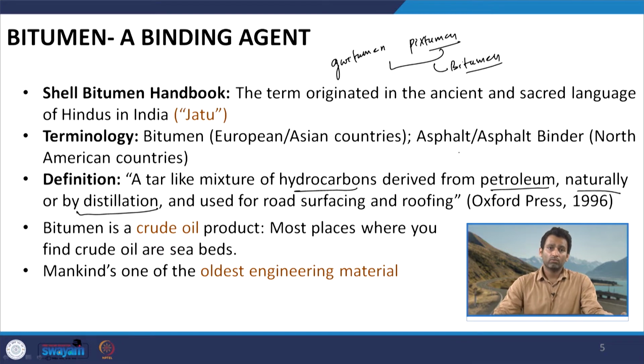Long back, there are records and evidences available that even during 6000 BC, the Sumerians used bituminous-like material for their shipbuilding industry. Even in the Indus Valley civilization, there are evidences of usage of bitumen for construction of large public baths and tanks.